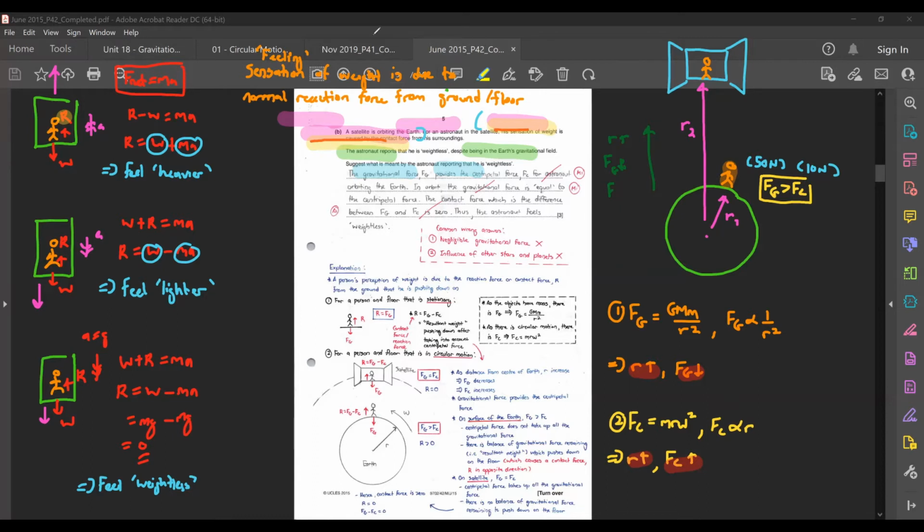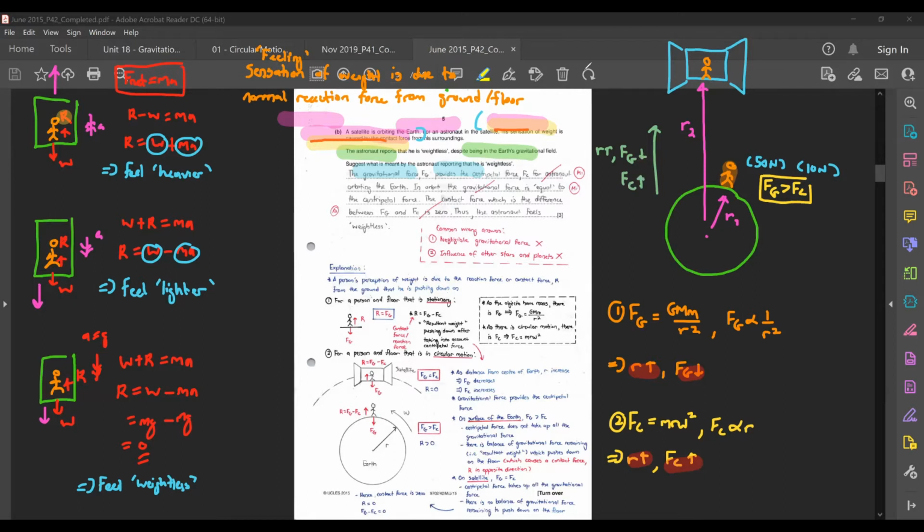Let me write it out properly for you. As you go up, your R increases, but your Fg would drop and your Fc would increase.